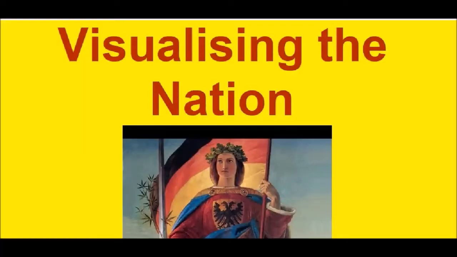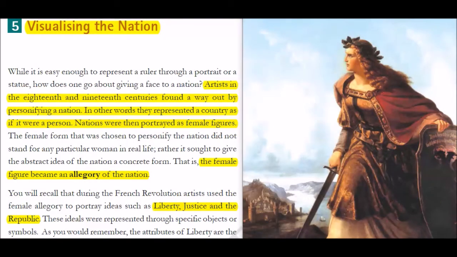Next topic is visualizing the nation. Artists in the 18th and 19th century found a new way by personifying a nation. In other words, they represented a country as if it were a person. Nations were then portrayed as female figures. The female figure became an allegory of the nation.